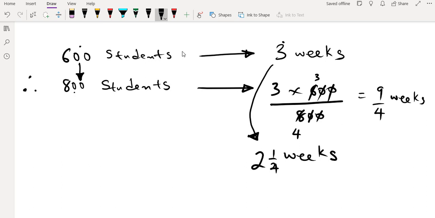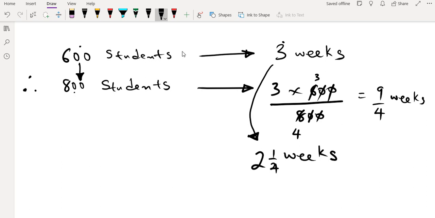From just looking at it, you will know when the number of students increases, they will not take more weeks to finish the food. They will take fewer weeks. If 600 students are eating a bag of rice for 3 weeks, if I make the students 6,000, you should know that the bag of rice will only last for 1 day.